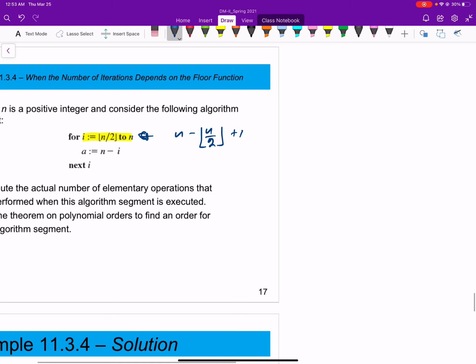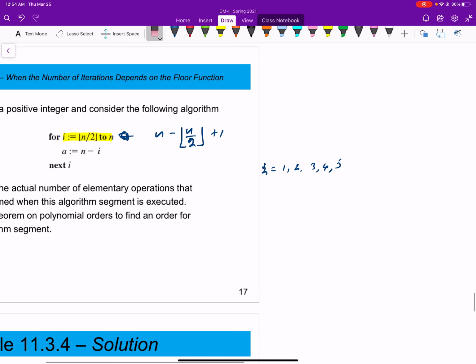As an example, let's say I go through 1, 2, 3, 4, 5. So how many times does this run? You can simply compute 5 minus 1 plus 1, which is 5. All right, so you can understand that.